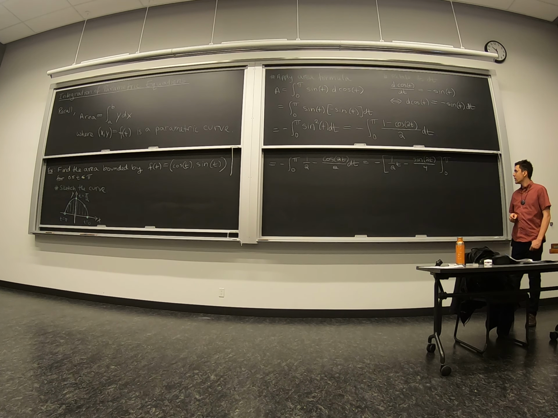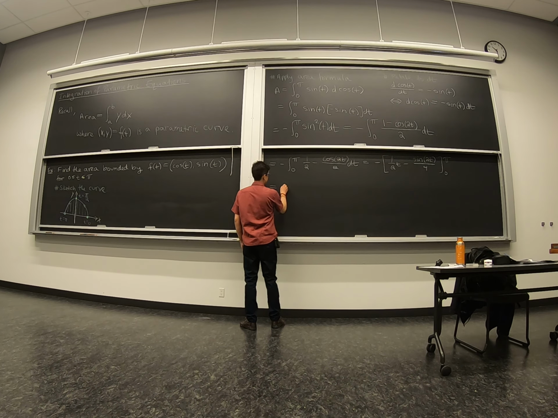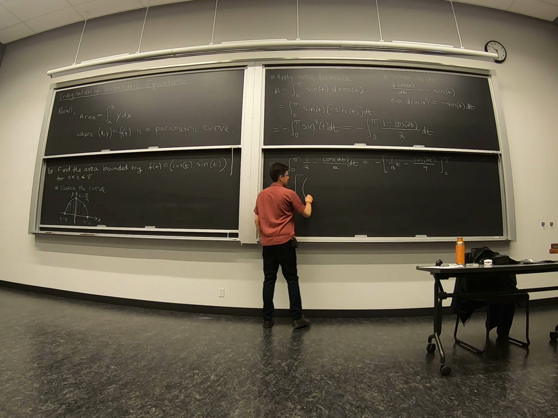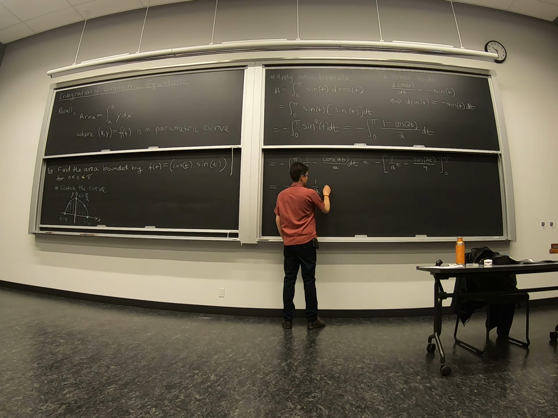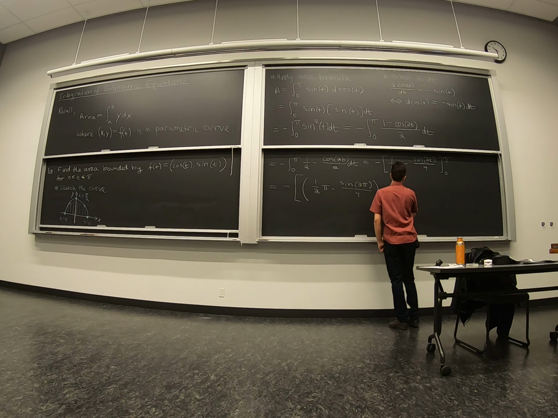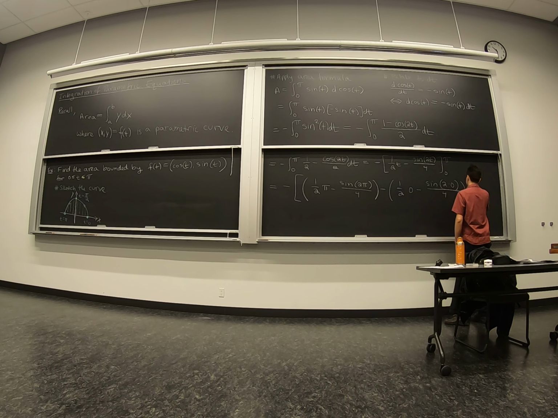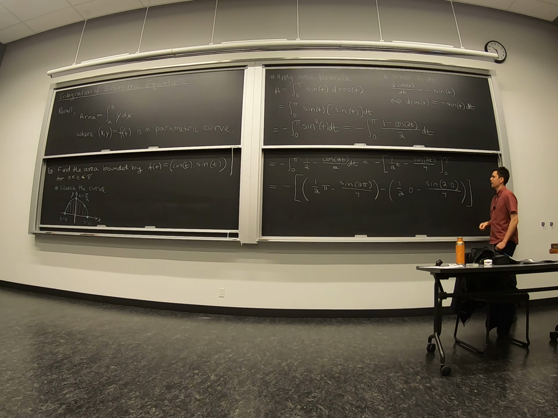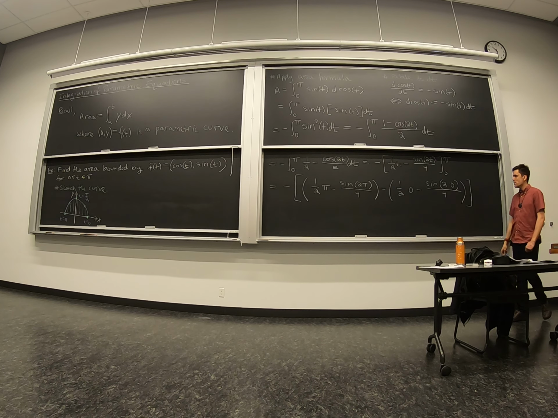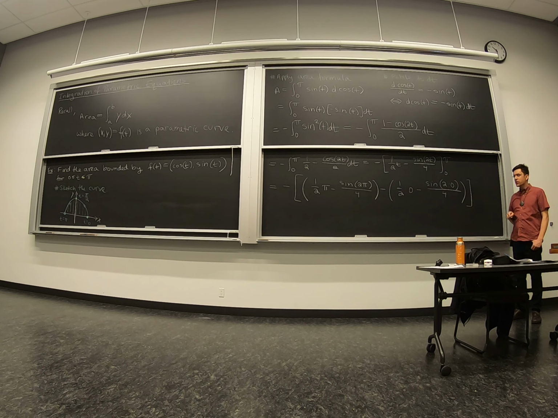And now we can use the fundamental theorem of calculus on this. So on one end we plug in pi, on the other end we plug in 0, and we get this equation.